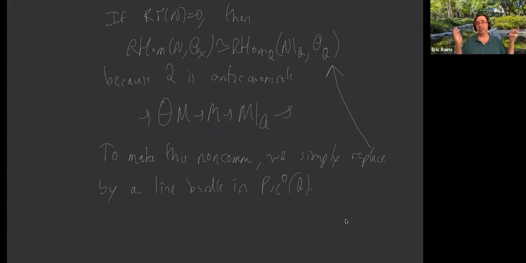And this turns out to give you the correct derived category. You can prove this inductively. Now, this basically gives you a way of turning a commutative surface into a non-commutative surface.